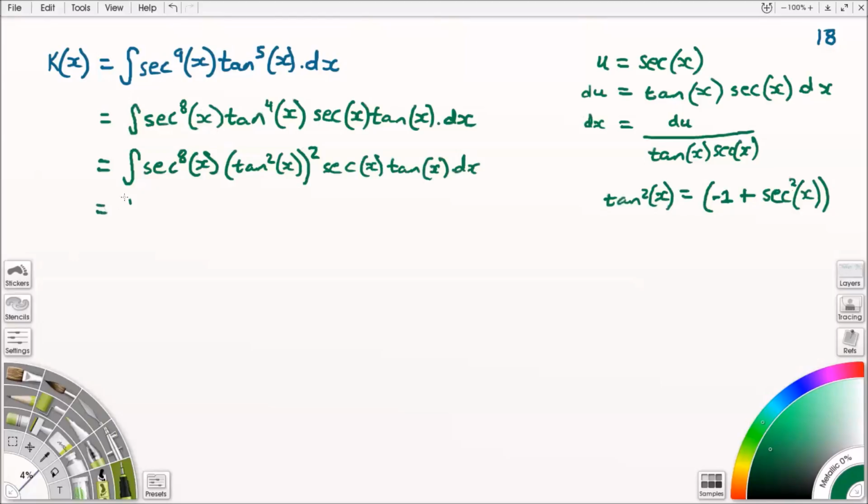Now let's rewrite this again so that we're using our trig identity: negative 1 plus secant squared x, squared, times secant x, dx. I don't know how you pronounce it, but I think that's how.